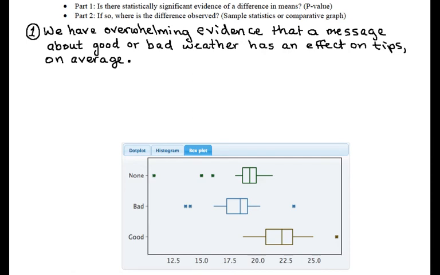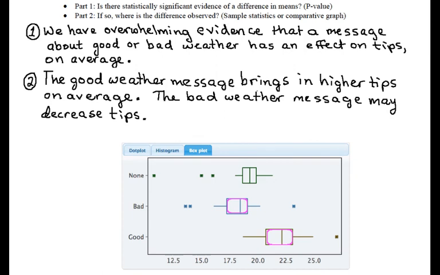So we've already noted that the biggest impact seems to be with the good weather message, that seems to improve tips some, and that there's maybe some speculation that the bad weather message also has a negative effect on tips. So part 2 of our conclusion is very similar to what we observed before going into the ANOVA process, just from looking at this side-by-side box plot and seeing whether there appears to be a difference that's worth investigating. In part 2 of our conclusion, we want to repeat those observations.